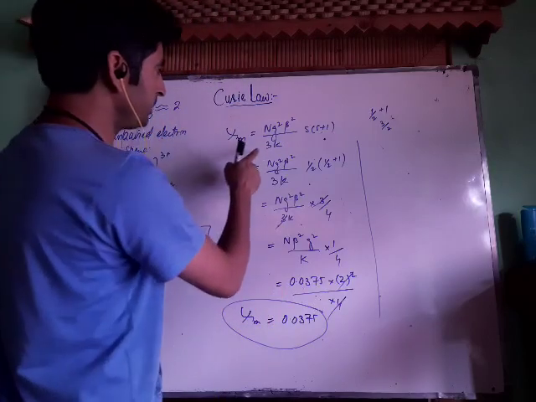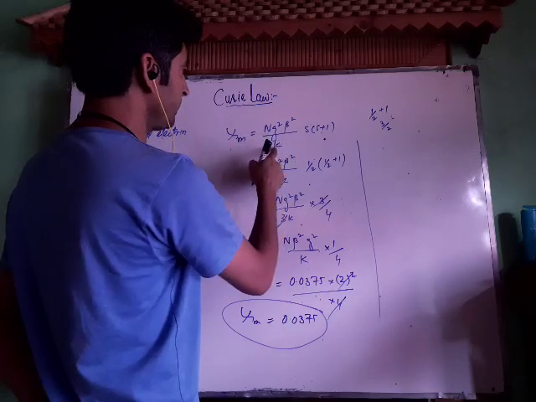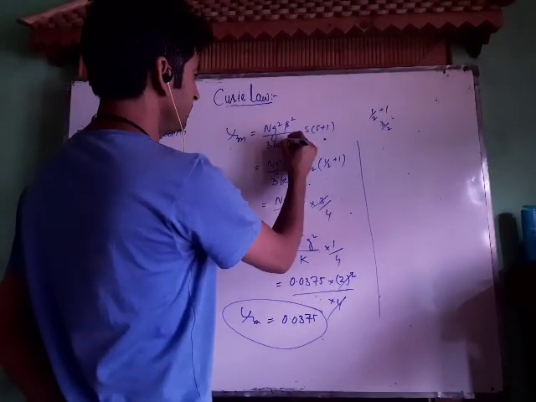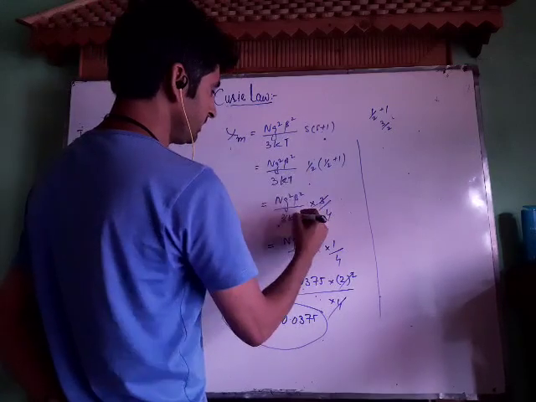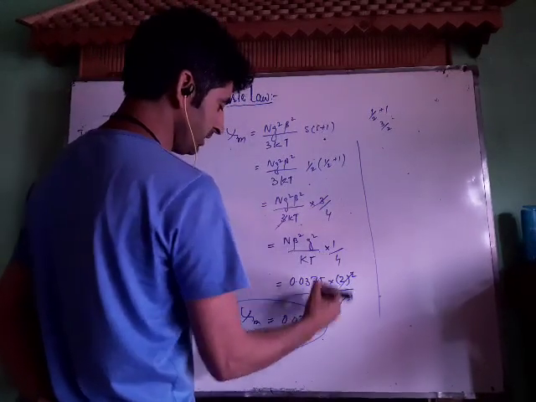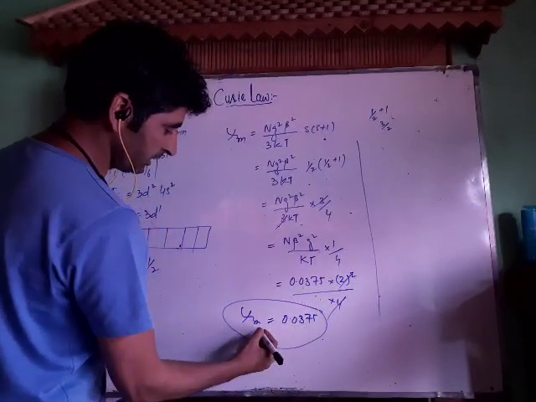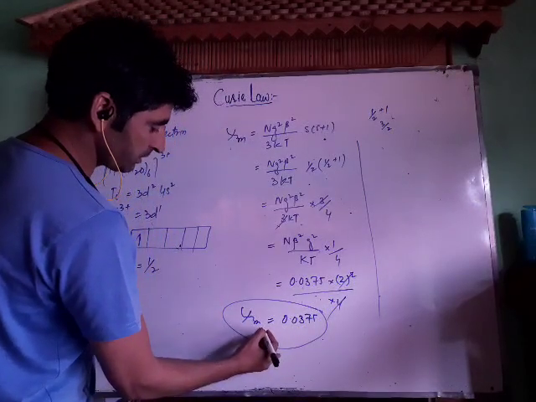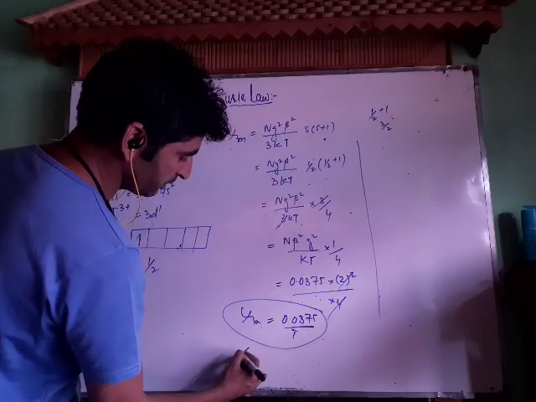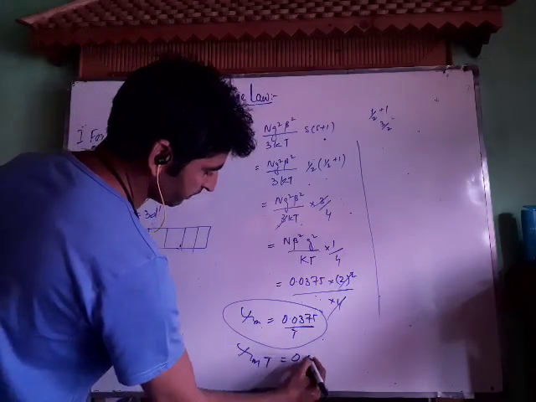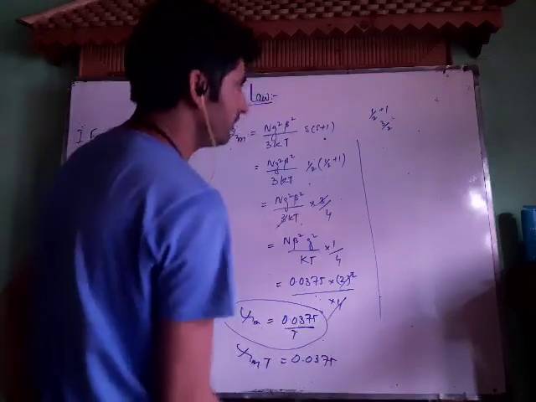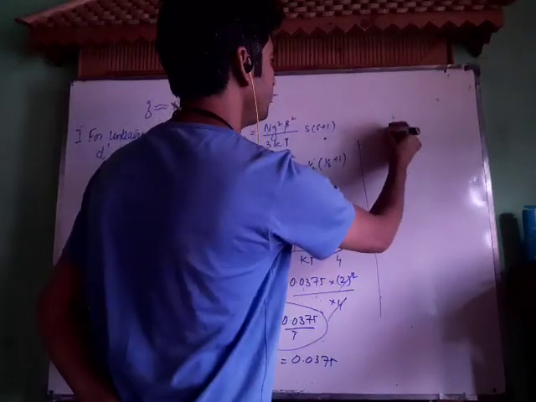One thing I have missed over here: this is N g² β² divided by 3KT, and this is divided by T. Therefore, chi-m into T, chi-m T, will be equal to 0.0375.